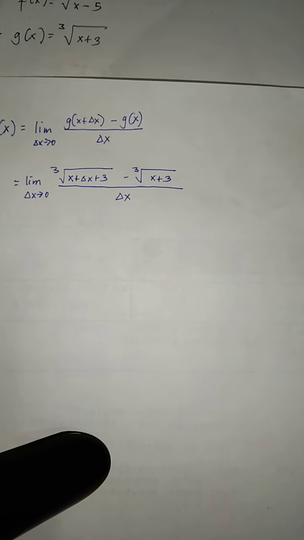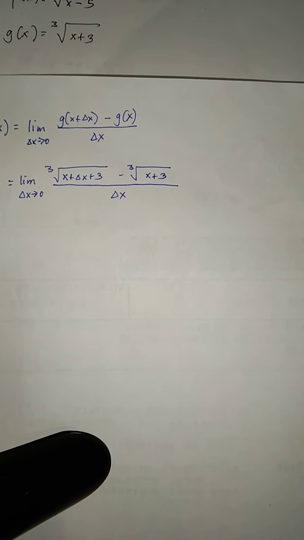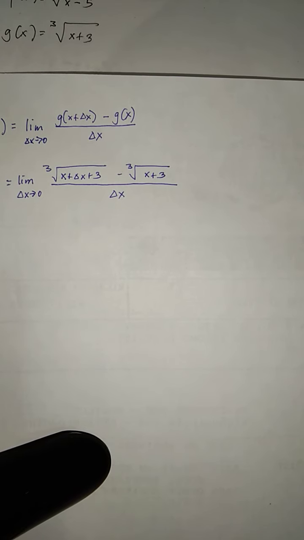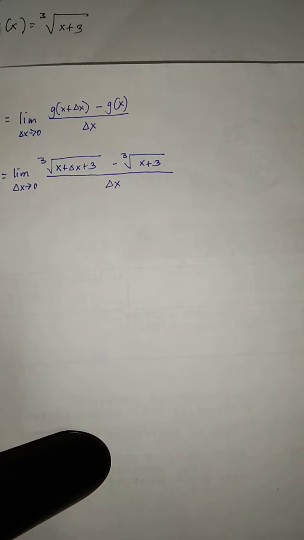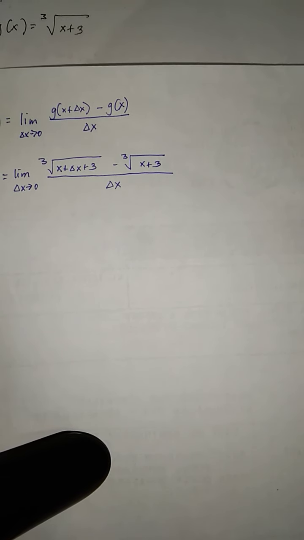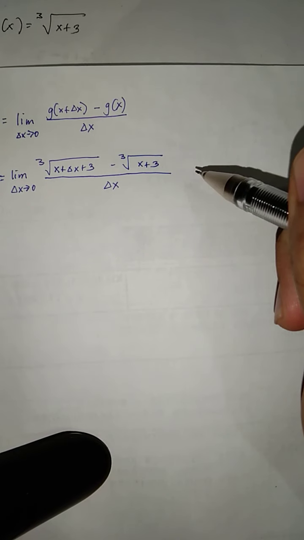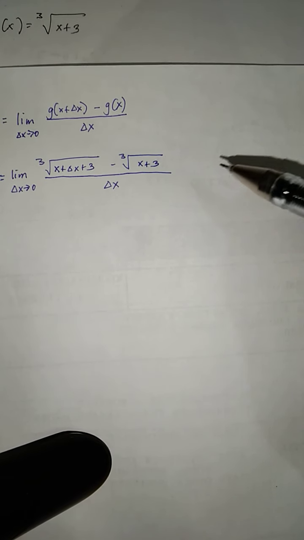Similarly with the first example, we will try to remove the radical sign on the numerator. But to do that, we will have a different method since it's not square root anymore, it's a cube root. So for this one, we will use the difference of two cubes.